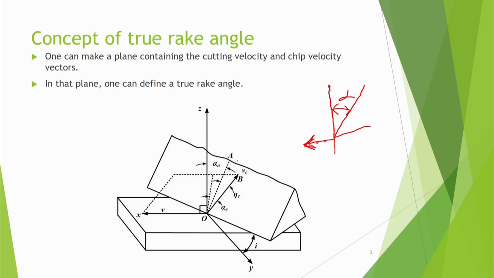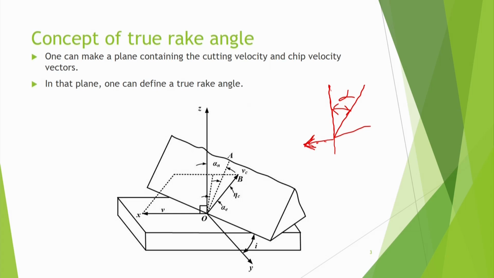We can also have a plane which can contain the cutting velocity vector and, at the same time, is orthogonal to the reference plane. That is the orthogonal plane, and in it we define the orthogonal rake angle, or sometimes we call it the velocity rake angle.